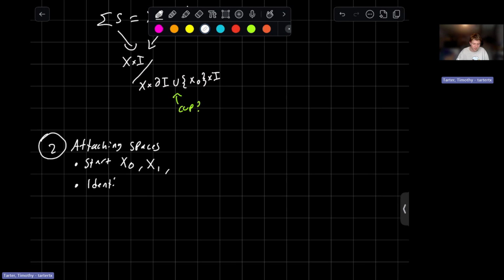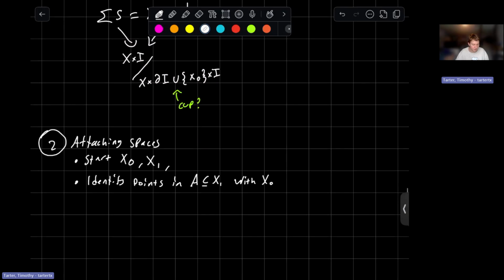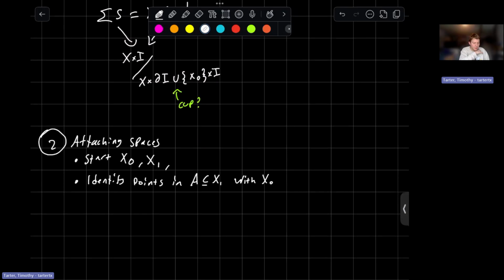So identify points in A with X naught. The data needed to do this is a map from A into X naught.